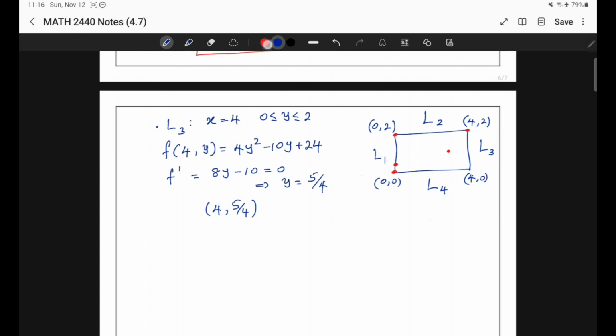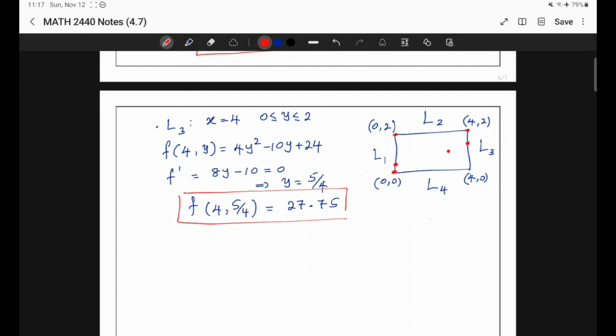X value is 4. 5 over 4 is a little bit more than 1. So somewhere here. The function value, you can calculate it. You should get 27.75. Right, so we are done with L3.